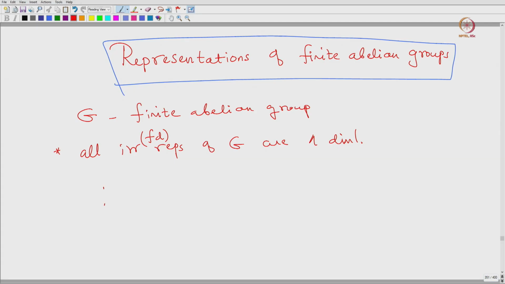In particular we take Hom(G, C cross), the set of all group homomorphisms from G to C cross.